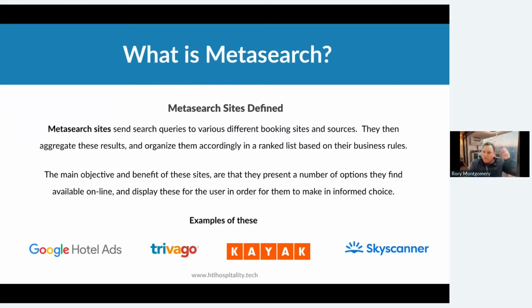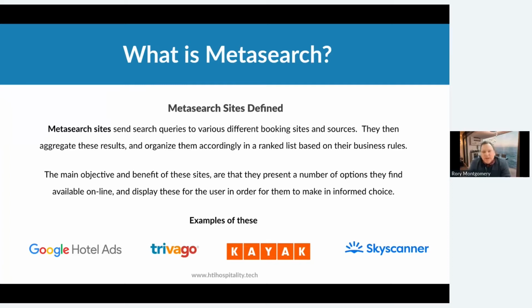I just wanted to give a brief intro to what Metasearch is. I'm sure over the past few years, many of you have engaged in a Metasearch product, or seen Metasearch within your organization, via one of your booking engine partners, or via HDI.